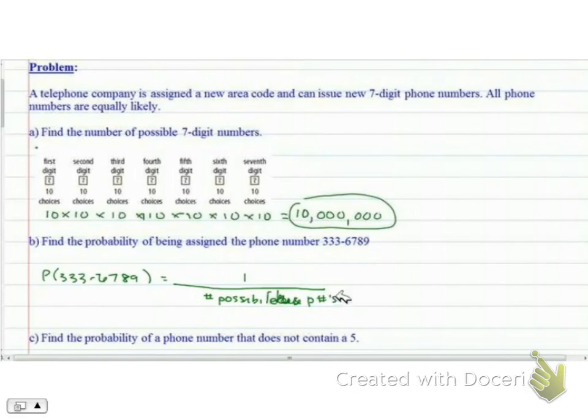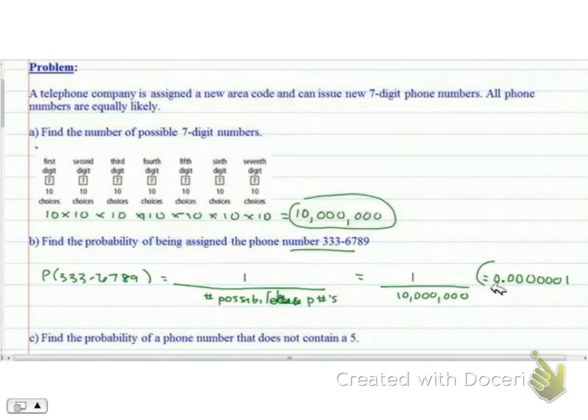We know that the number of possible phone numbers is 10 million, so we're going to have 1 over 10 million, and that would give us 0.0000001. So this is the probability of being assigned this phone number.